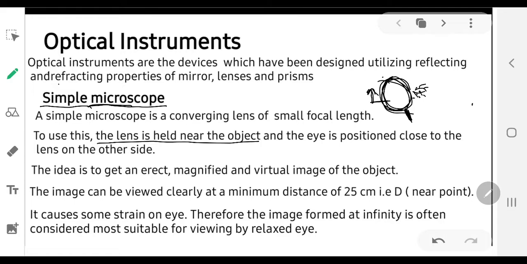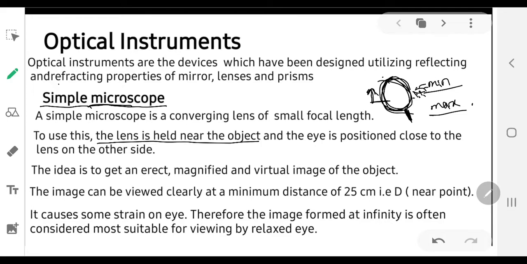Here we discuss two extreme cases: one at minimum distance, another at maximum distance. So the image is formed at a minimum distance from the eye, or at a maximum distance from the eye. Now what is this minimum distance?